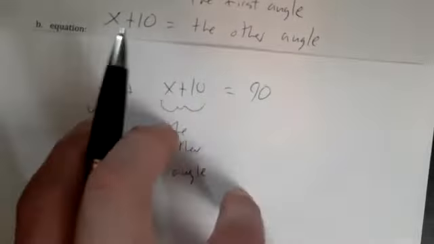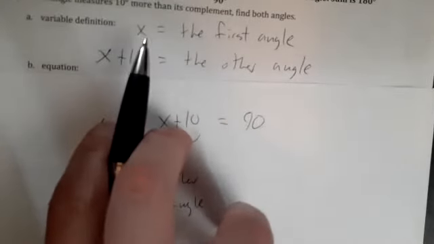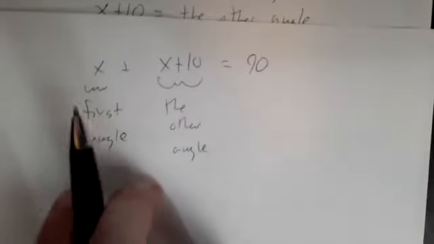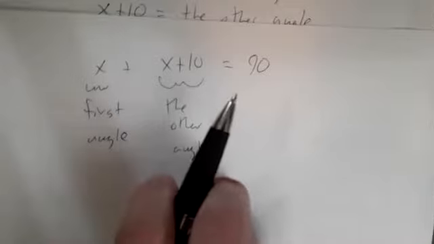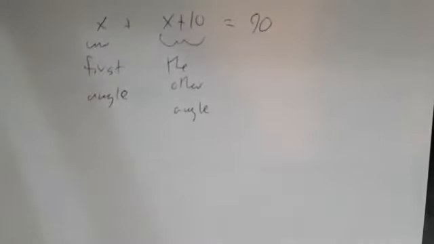This is only one of the angles. We have to add both of the angles. So you have to come back. You have to add the first angle to your second angle, and this should be the thing that gives you 90.